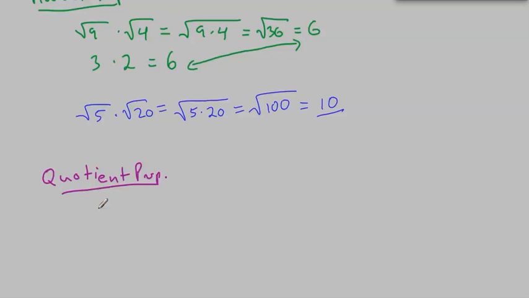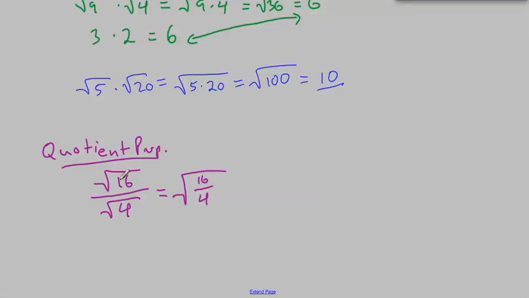If I have, instead, the square root of 16 divided by the square root of 4, a radical over a radical, I could rewrite this division problem, this quotient, with one big radical and keep the radicands underneath it, just divide them underneath. So instead of the square root of 16 divided by the square root of 4, I'm going to do the square root of 16 divided by 4.